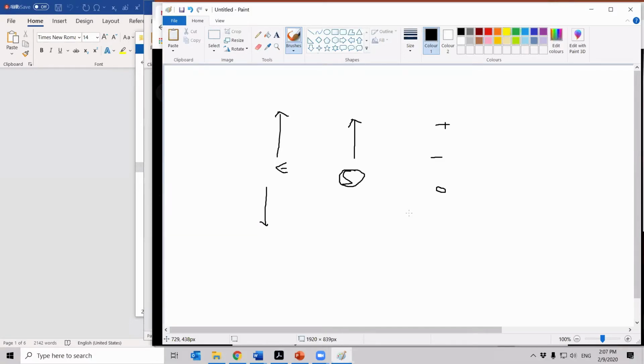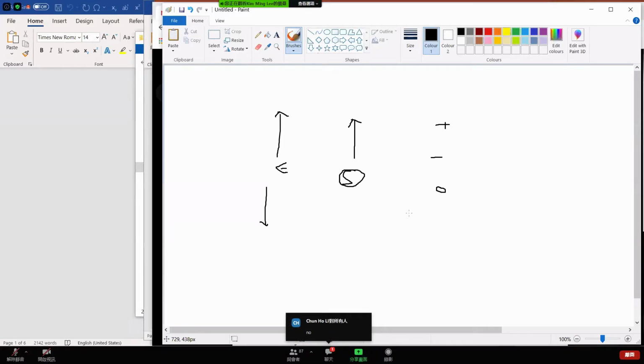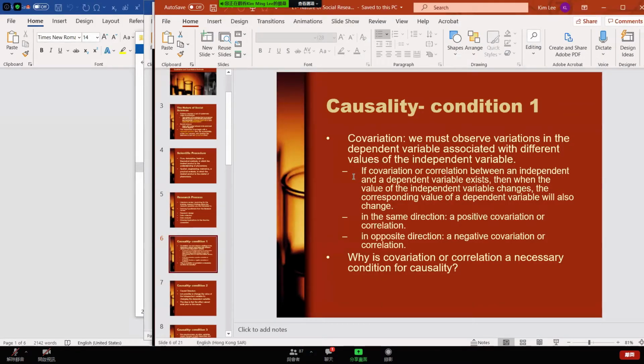If you find out that no matter how many years you study, it won't affect your salary, of course not. You won't study. So this is why the first condition for causality is covariation. If they do not covary, either in a positive direction or a negative direction, then you won't consider it as a cause. So the first condition for causality is covariation.